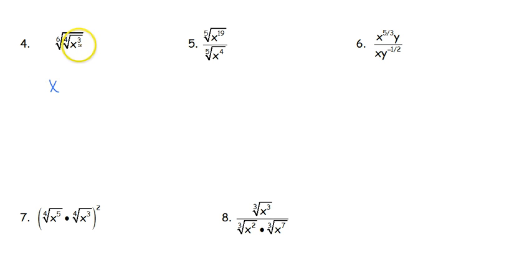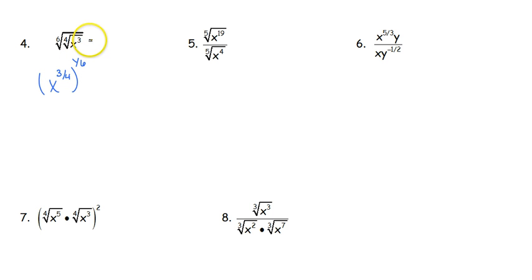X is my base, and I've got it raised to the 3rd power to the 4th root. So that first radical inside is x raised to the 3/4. Well, that whole thing is being raised to the 6th root, which means the 6th root is 1/6.